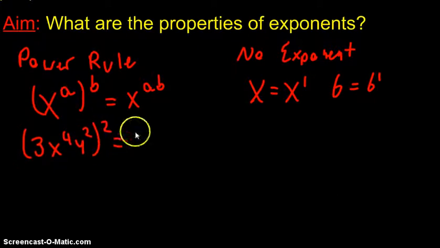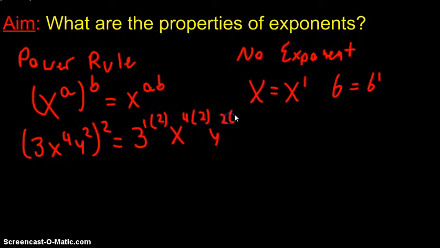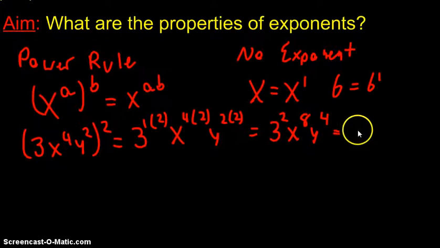By this rule, we'll get 3 to the first times 2, and x to the fourth times 2, and y to the second times 2, which is 3 to the second, x to the eighth, y to the fourth. And since 3 to the second can be simplified, that's 9, x to the eighth, y to the fourth.